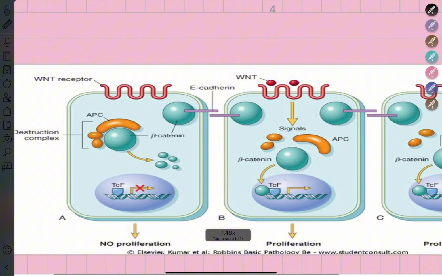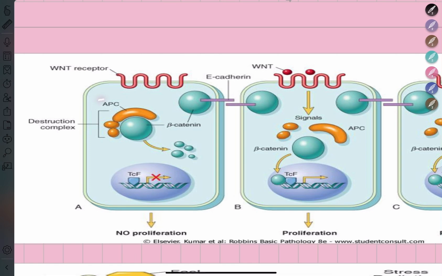Here we go. We kind of have to study the things that are going to come next. But anyways, here we have the APC gene. This APC gene acts as a protector, let's say as a tumor suppressor gene. It surrounds the beta-catenin and destroys it, not allowing it to enter the nucleus.